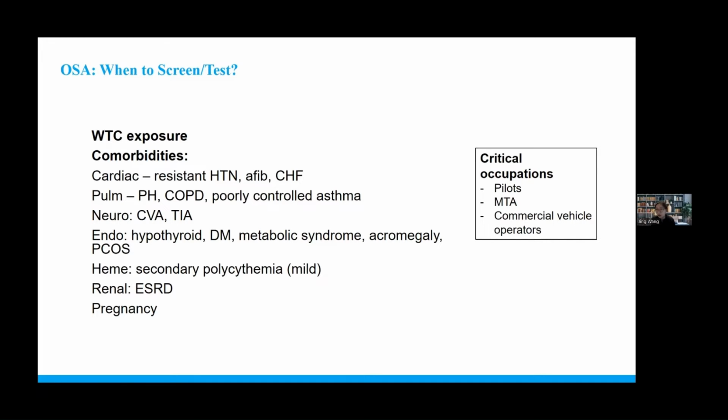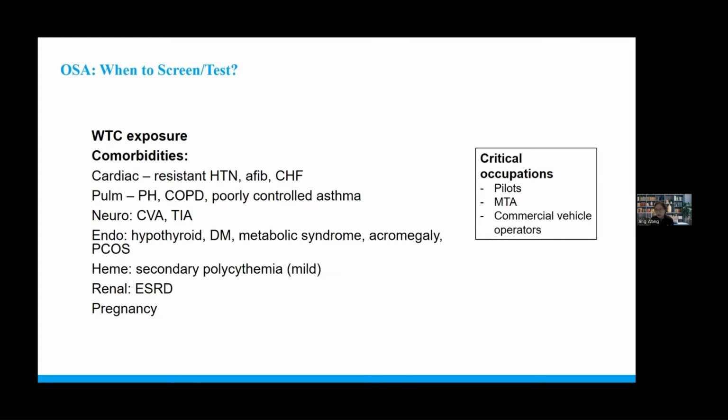You see OSA can coexist with COPD in this overlap syndrome. So, it is always recommended to inquire about sleep in patients with COPD, especially the more advanced disease with reduced lung function, and certainly people who may be at risk for hypoventilating, but the hypoventilation is technically separate from the obstructive sleep apnea piece.